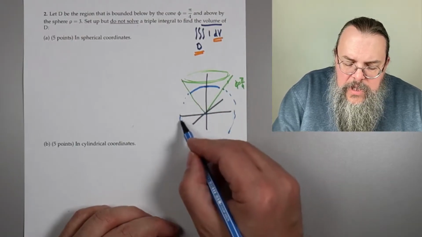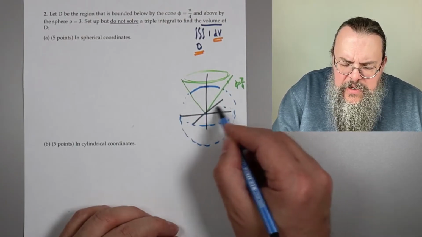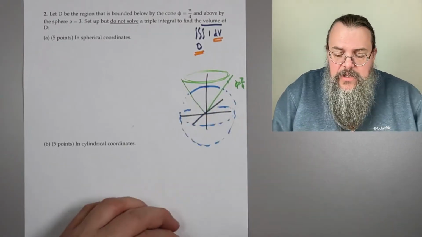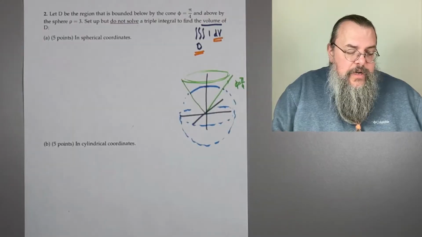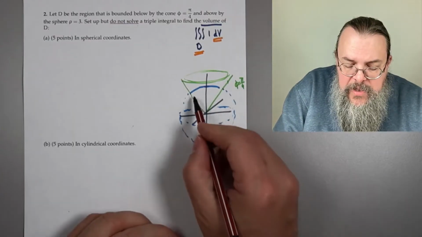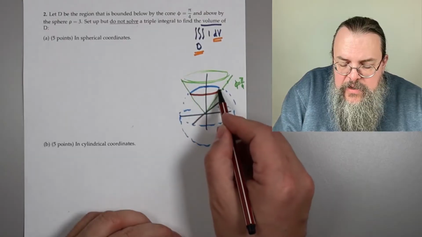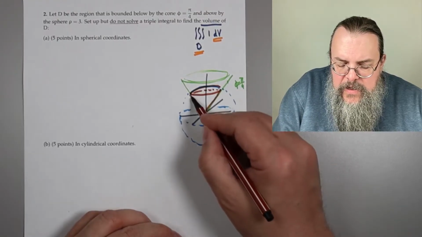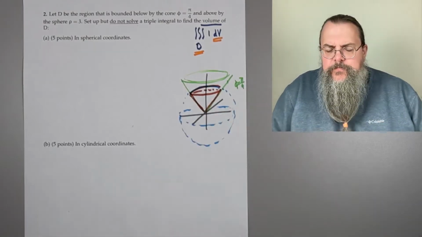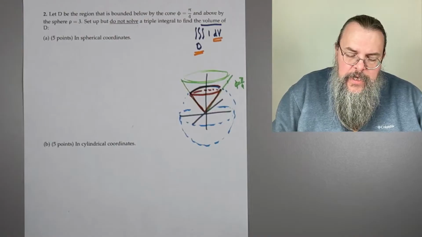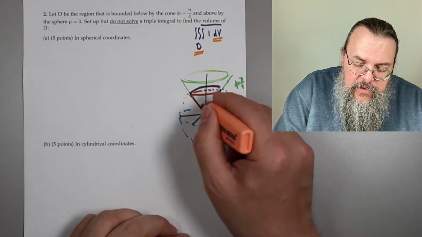But we only care about that portion of the sphere which is above the cone. So what we end up with is our shape: that cone on the bottom and that sphere on the top. There's our region.